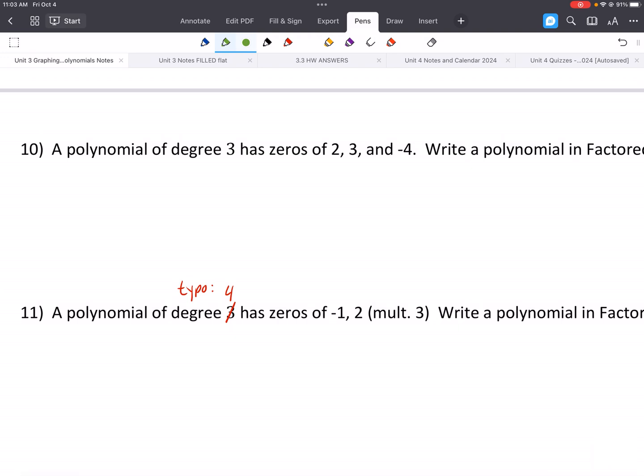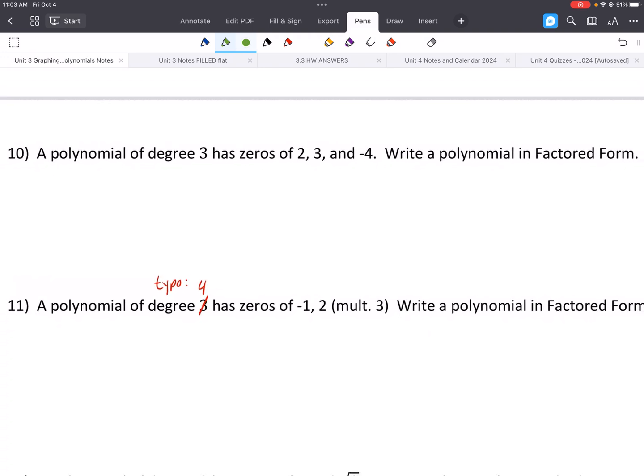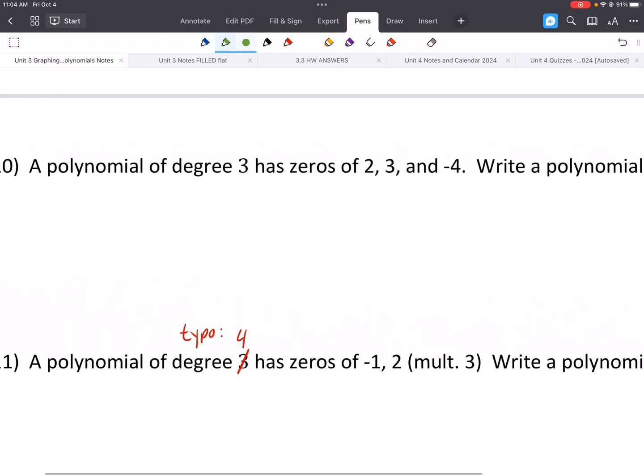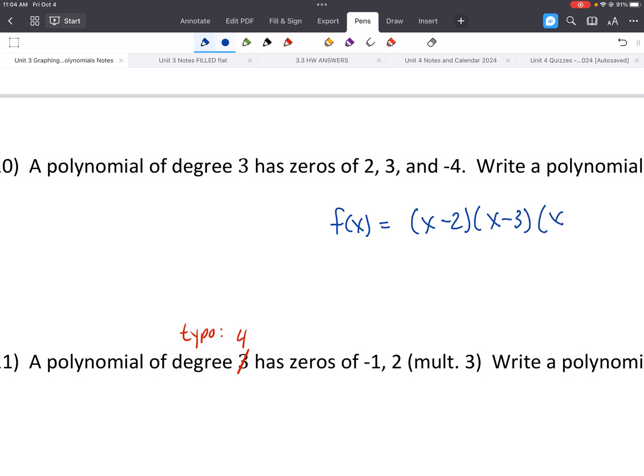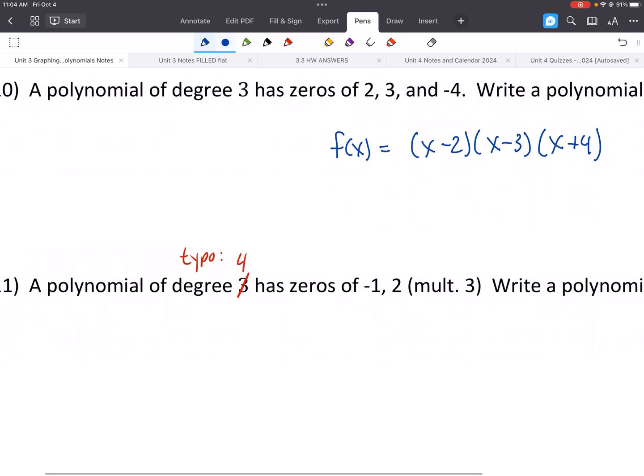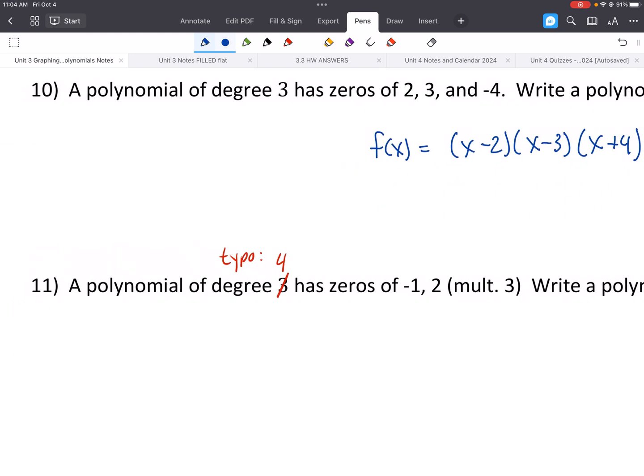All right, so these first two, they both ask you to write down your polynomial in factored form. So these are pretty quick. We don't need to switch it to standard form. This would be f of x equals x minus 2, x minus 3, and x plus 4. And that's it. For 11, this one's a little different.